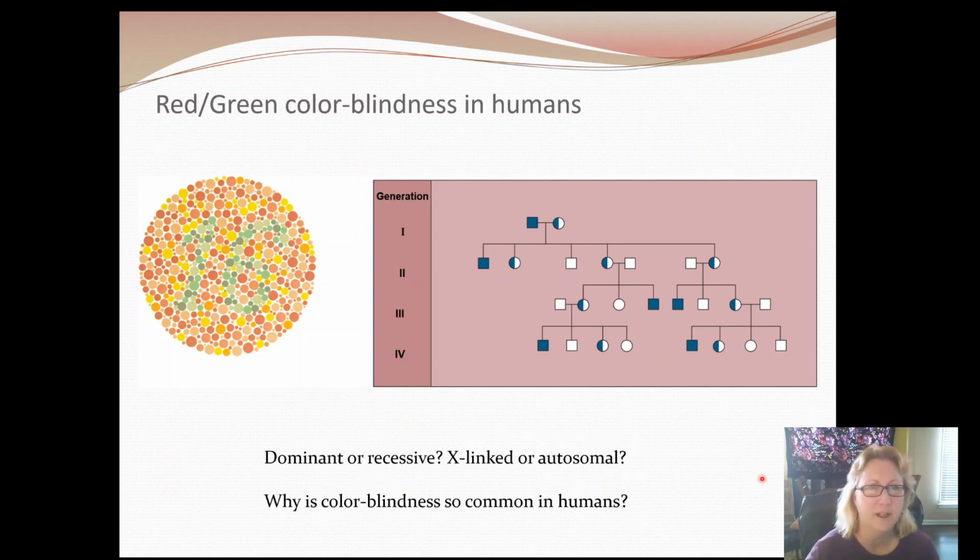Being red-green colorblind now in modern society, well, maybe your clothes don't match. But other than that, it's not really deleterious. So possibly that was a hypothesis why it's so common.